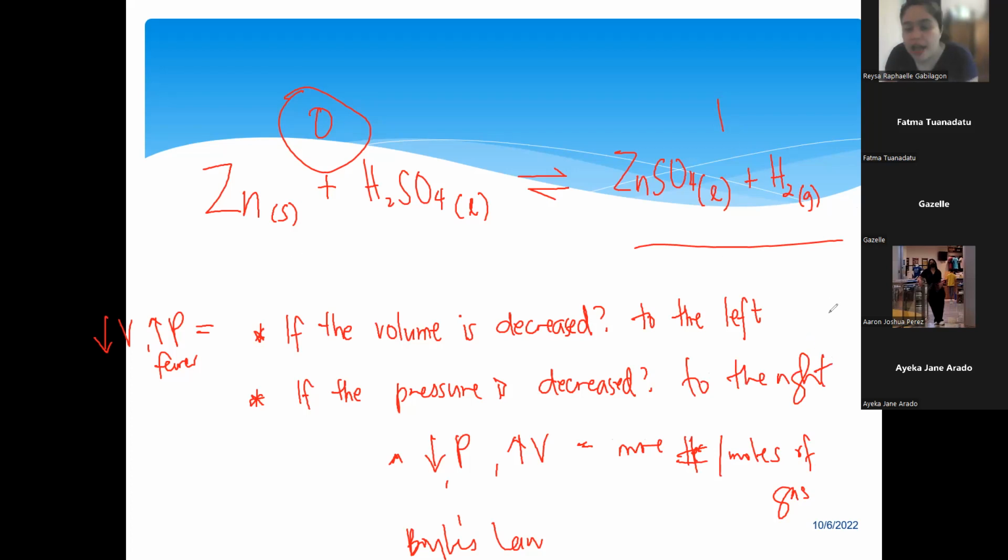The chemical reaction will favor the forward reaction. So definitely more reactants will react to form the products. Ito yung i-favor niya na side ng chemical reaction. Naintindihan ba yan? Or na-confused pa rin?